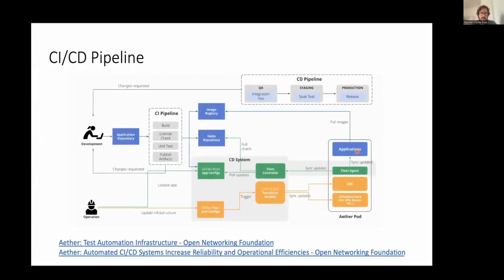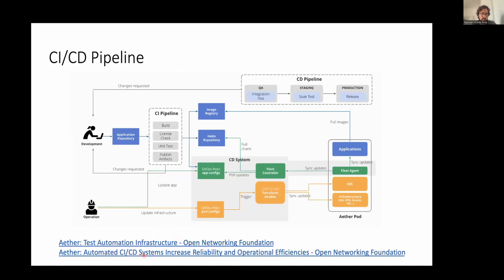And that was only possible because all of the sites deployed using Aether have a very well-defined CI/CD pipeline with the test automation infrastructure requirements defined here. One article describes that really well, and the other one is about the automated CI/CD systems for Aether.